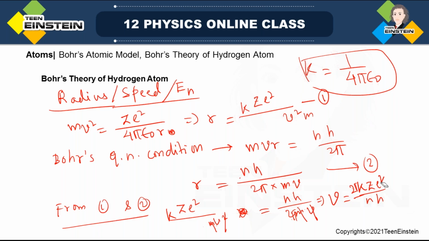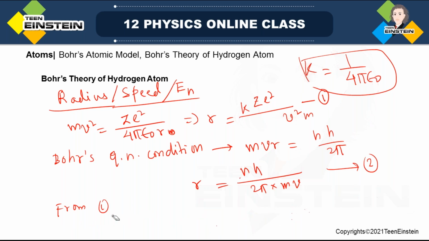I'll write it freshly. If you equate these two, 1 and 2, then you get an expression for the speed of the electron in a certain orbit. So we have got the preliminary equation for radius. Let us write down what v is equal to.